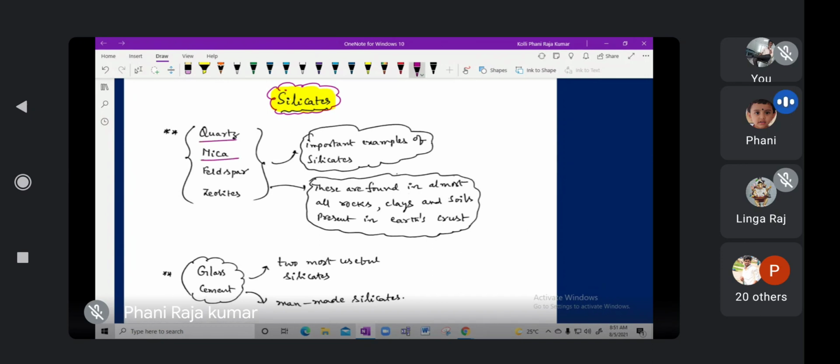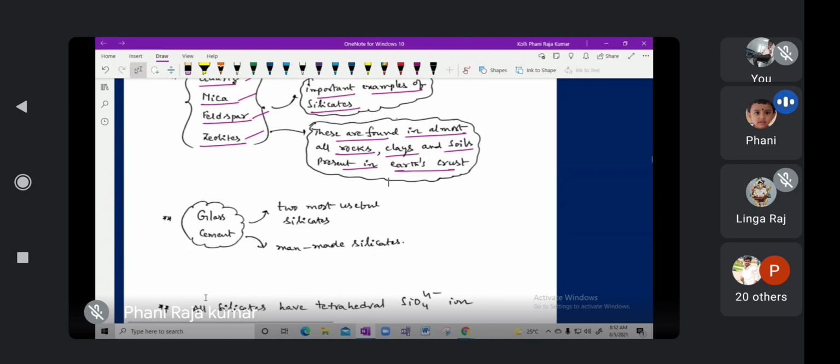Quartz, mica, feldspar, zeolites: these are all different types of silicates, important examples of silicates. These are found in almost all rocks, clays, and soils present in the earth crust, meaning naturally available silicates.